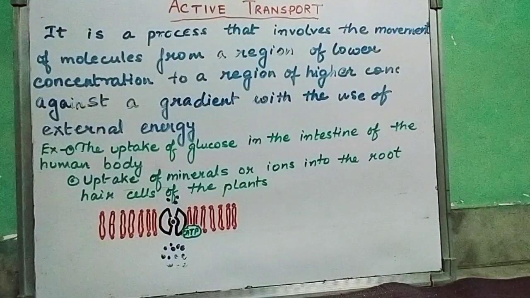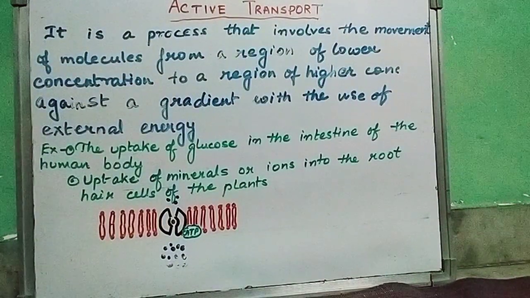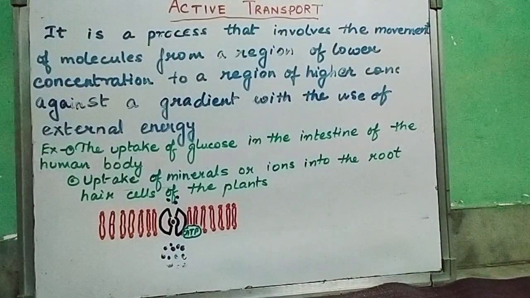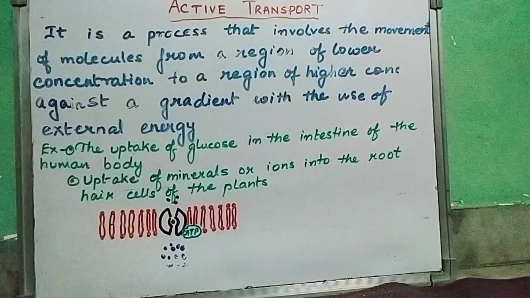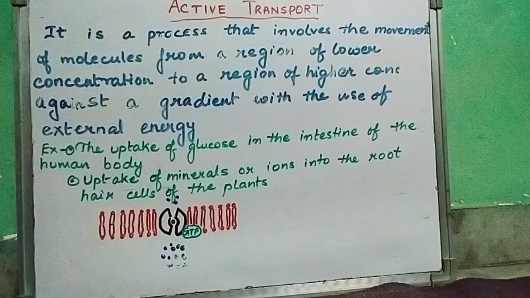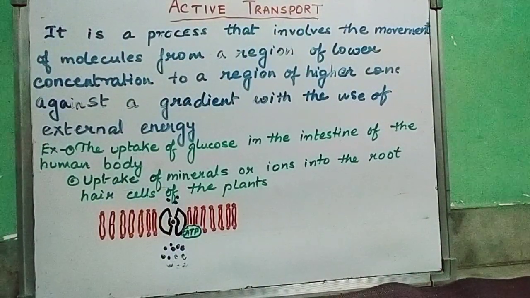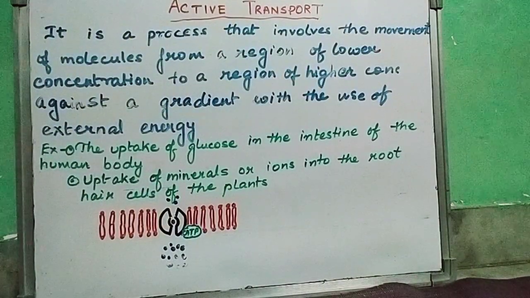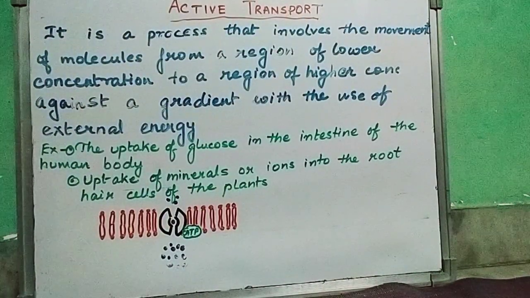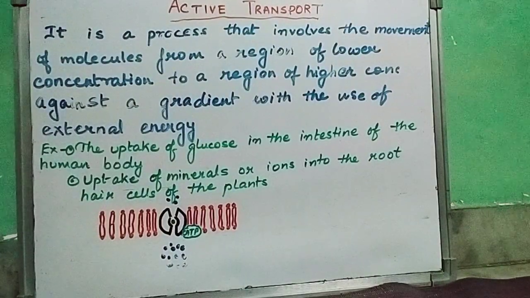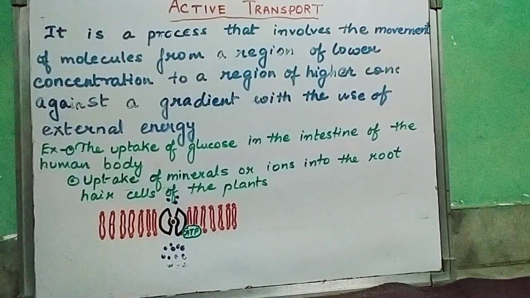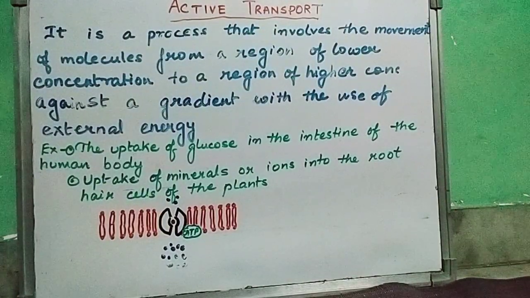That means the molecule which is less in number or quantity, from there to the region where it is more. It is opposite to the normal processes taking place. So the movement is from the region of lower concentration to a region of higher concentration against a gradient.